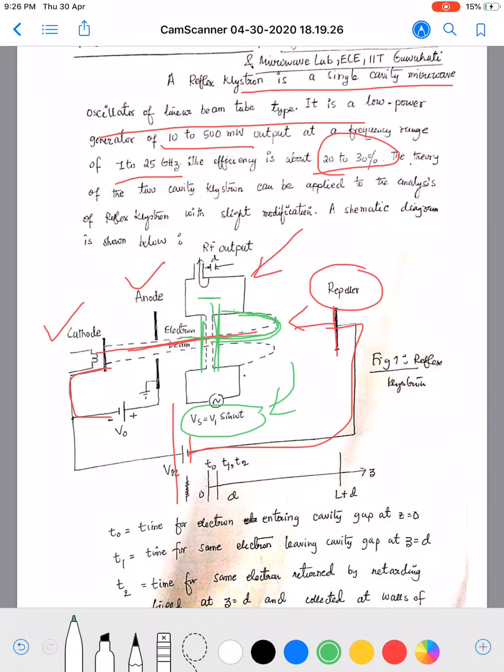T2 is the time from T1 to distance L towards the repeller and back to the grid. Now when it comes back to the resonant cavity, if it is in phase with the initial oscillation that it experienced while crossing the grid, a resonance will happen and this particular frequency will be amplified.